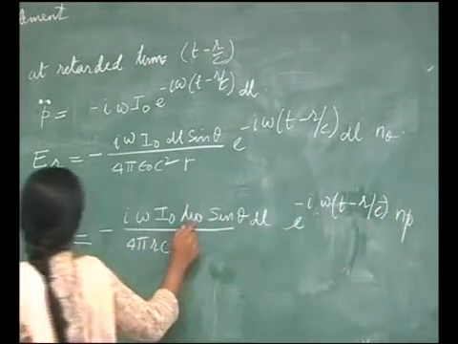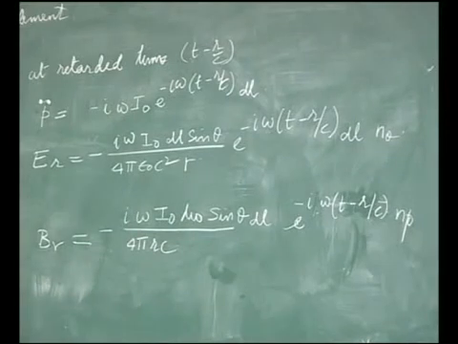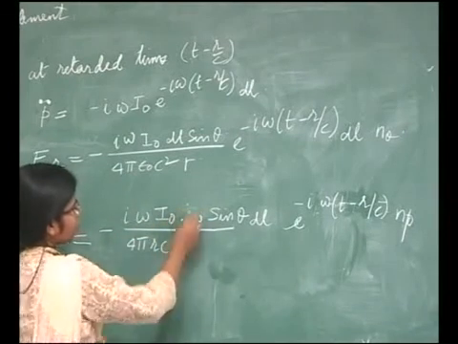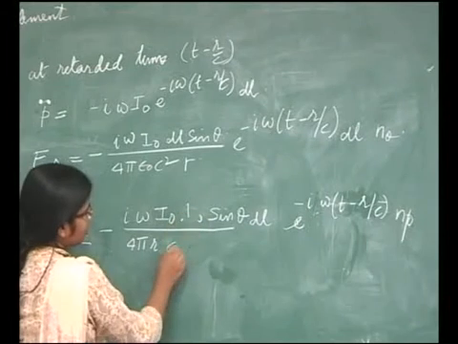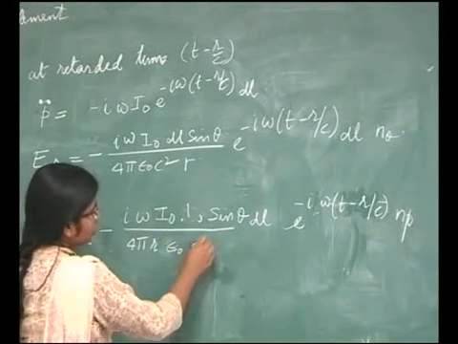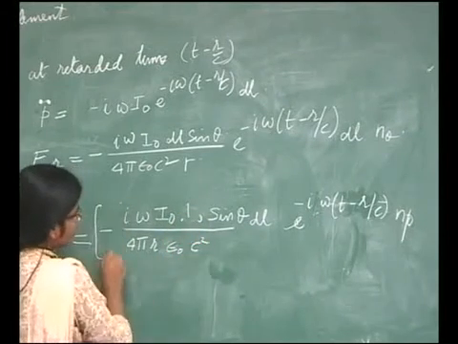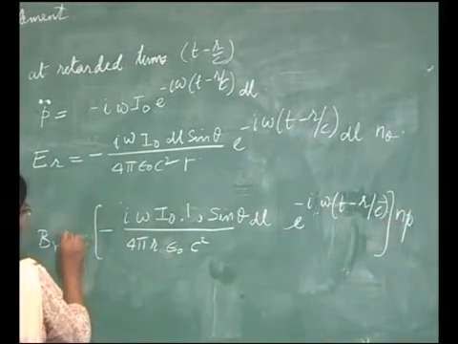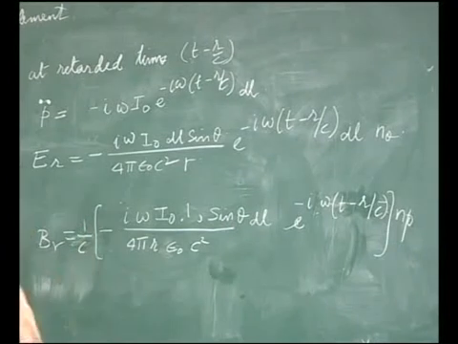Now, what I do? I substitute again mu naught is equal to 1 by epsilon 0 c square. So, I have here epsilon 0 c square, and I can write 1 by c outside.